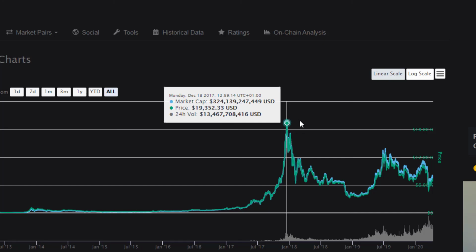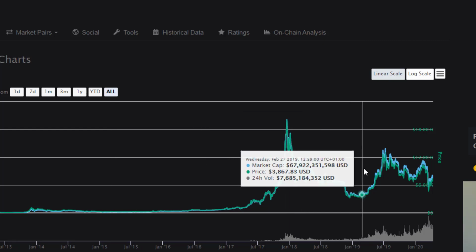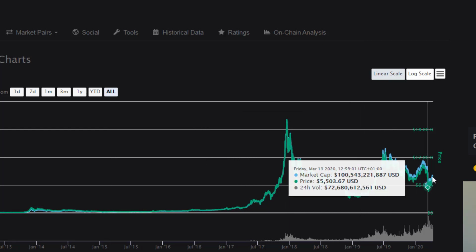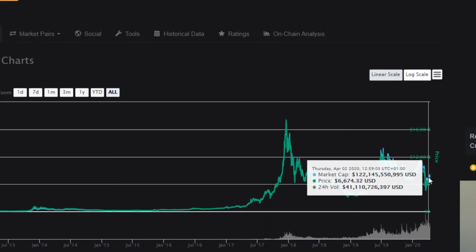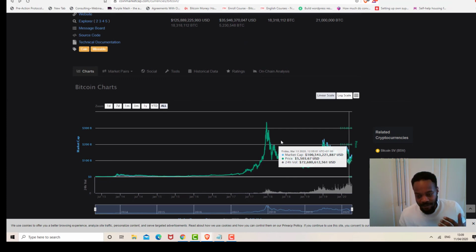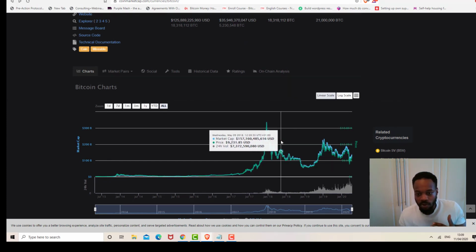And again, over time, since 2017 and the all-time highs, we've gone to today, where we're looking at roughly $7,000. So as you can see, of course, this asset is volatile. However, if you do get in at the right time, you can realize returns which are astronomical and unbelievable.